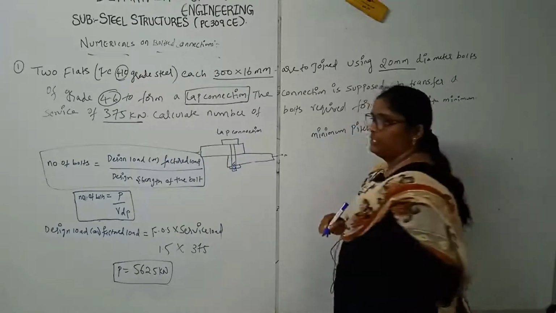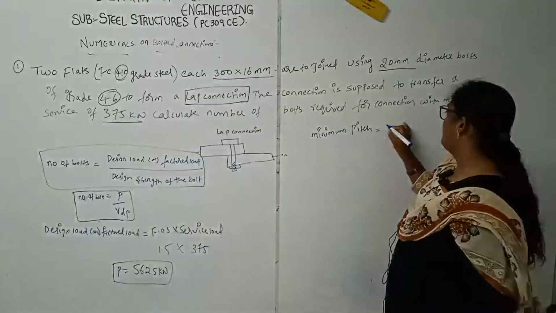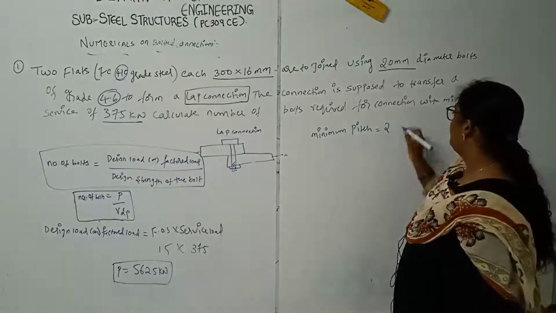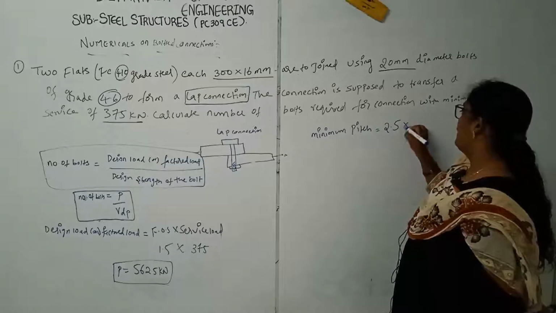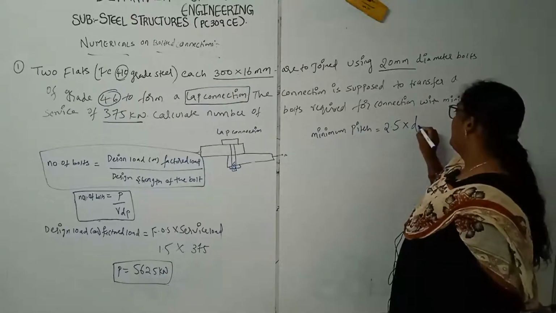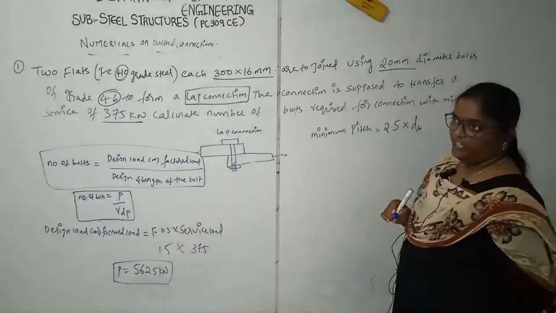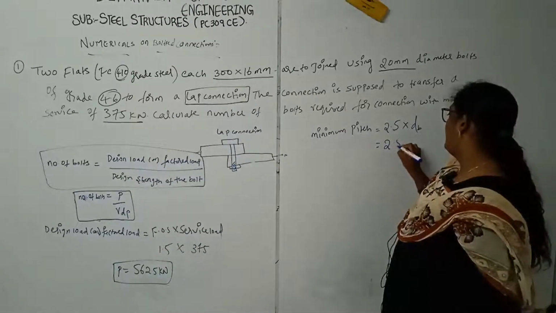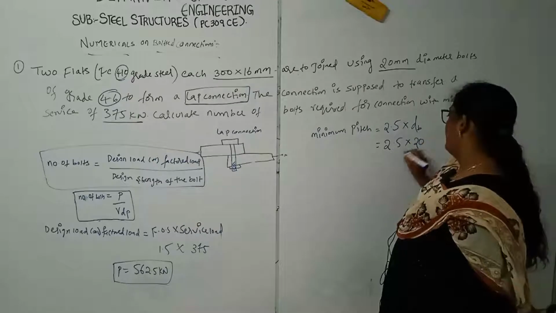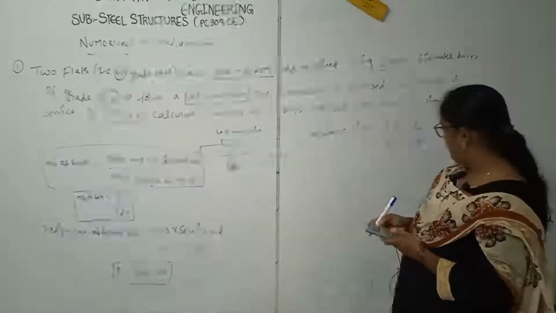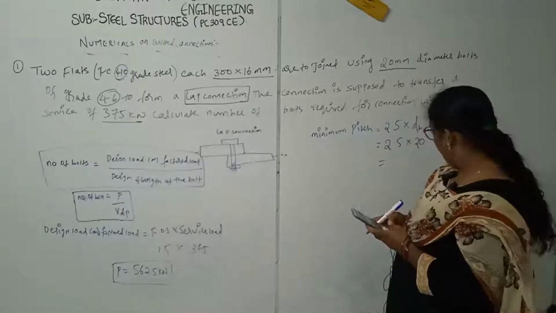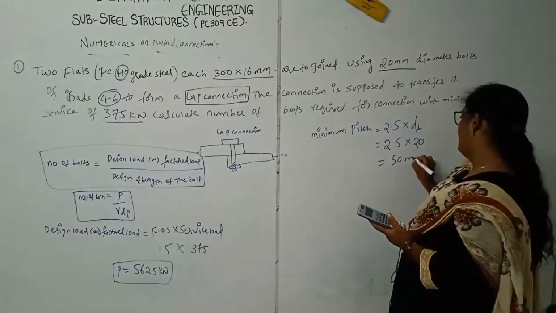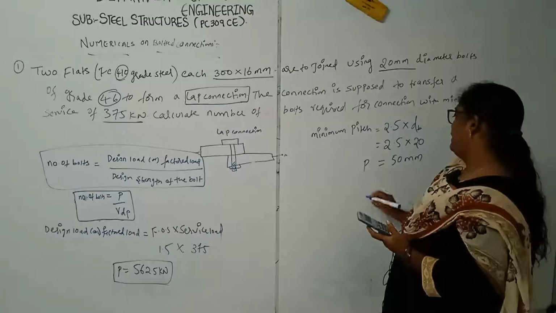The minimum pitch should not be less than 2.5 into d, the nominal diameter of the bolt. Here 2.5 into 20 gives 50 mm. P is equal to pitch.